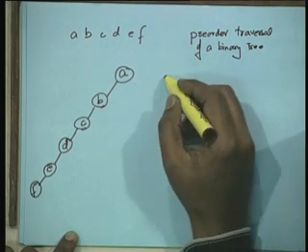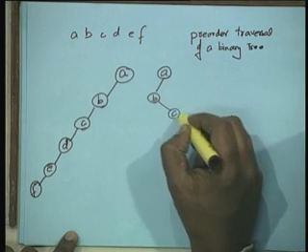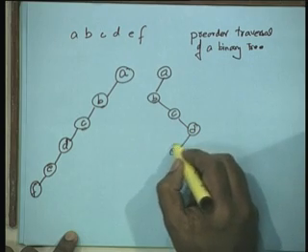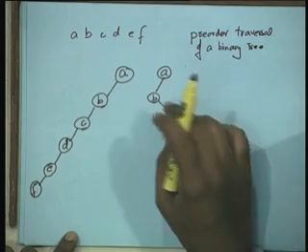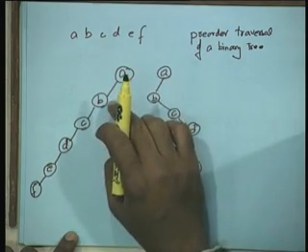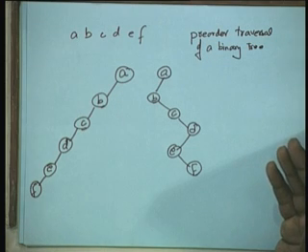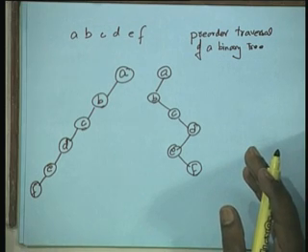So this could be one. The other option could be that I decide A, B, C, D, E, F and so on. Since each of the nodes can be either a left or a right child of its parent, but there are many other possibilities, right? This is the minimum number, the absolute minimum. You can have many other possibilities.